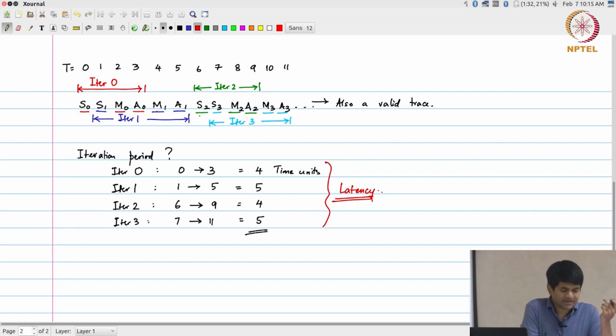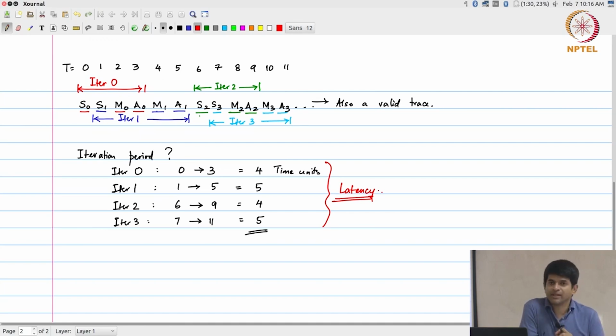So the latency in this case could be 4 or 5 time units, the worst case latency is 5 time units over here, at least for whatever I have shown so far. Assuming that the same pattern continues periodically, the minimum latency is 4 time units, the maximum latency is 5 time units, so that is okay.